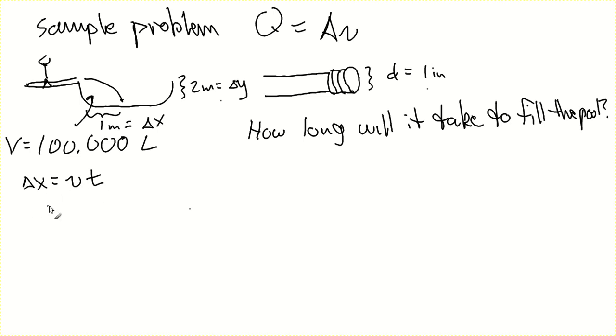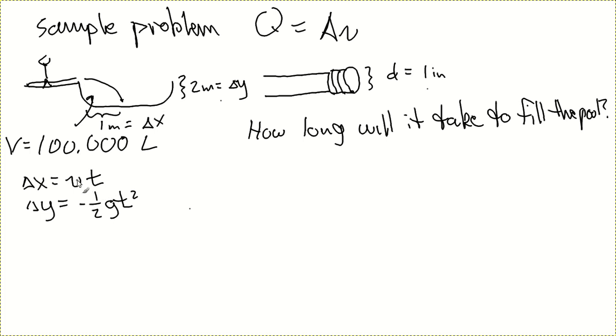And of course there's no vertical acceleration. Delta y, now there's going to be no initial vertical velocity, so delta y is just minus 1/2 gt squared. And of course it's minus 2 meters, minus because the water travels downward.